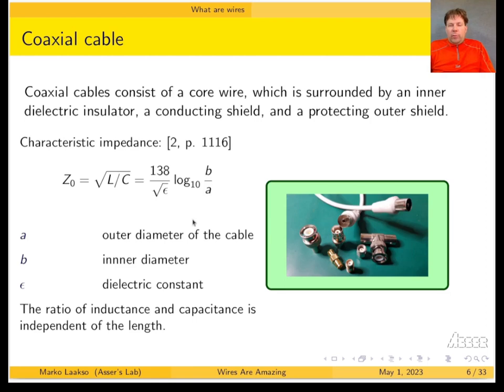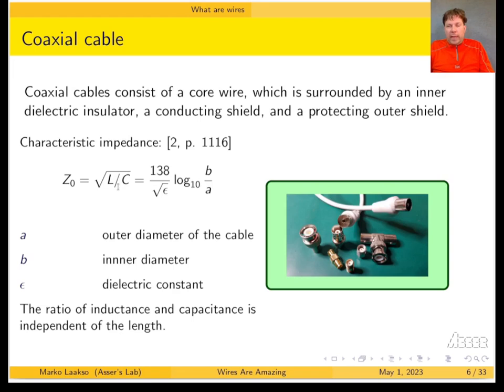I have a few formulas in this presentation, but they are only here to capture the core concepts and how they are related. We don't have to focus too much on the math and the physics here. When it comes to the characteristic impedance of coaxial cables, one important thing is that we can approximate it on the basis of the inductance of the cable and the capacitance of the cable.